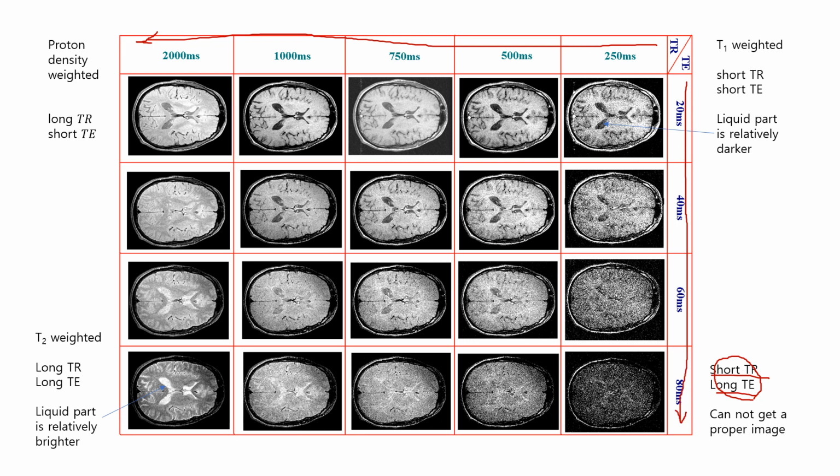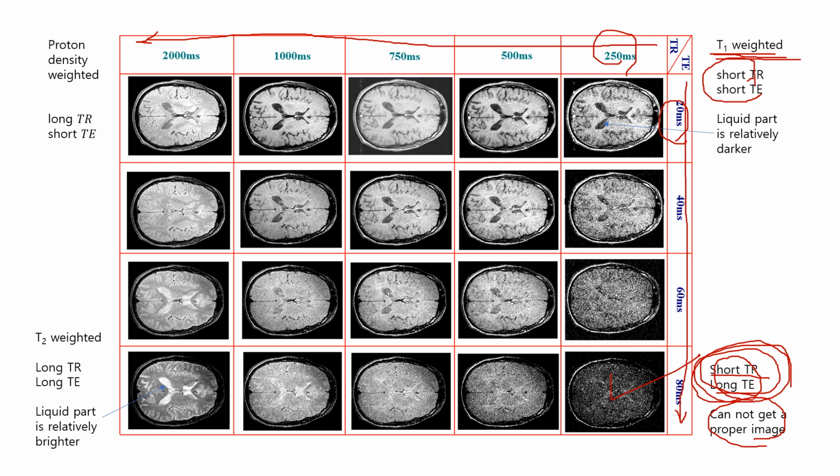So this corner corresponds to short TR and long TE. So in this case, we have very small signal, so we cannot get the proper image. But in this corner, short TR and short TE, we can have the T1 weighted image.